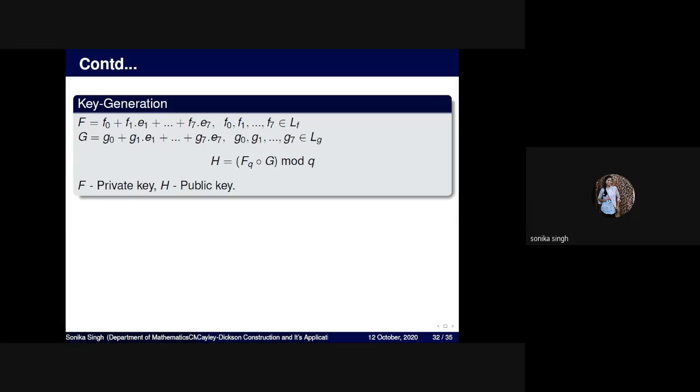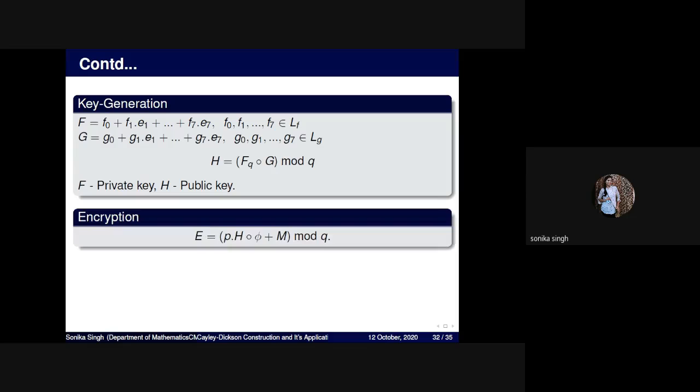Then the public key is generated by the expression H is equal to FQ of G mod Q, where FQ is the inverse of F under modulus Q. We set F as the private key and H as the public key. After getting the keys, the user can perform the encryption algorithm. Suppose M is the message octonion, phi is the random blinding octonion, and E is the ciphertext. Then the ciphertext can be computed as pH of phi plus M mod Q.